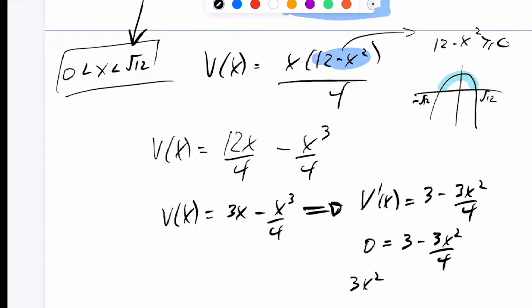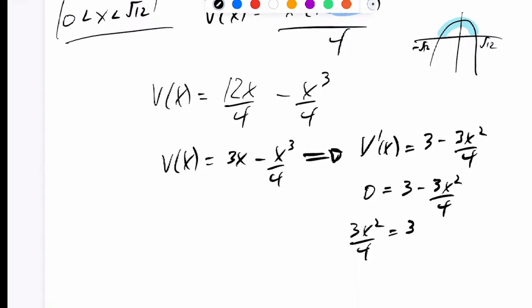So we end up getting what, 3x squared over 4 equals 3. So I'm getting x squared is, what is that, 12 over 3. So x is plus or minus 2. So I'm getting x is 2 as my critical point.